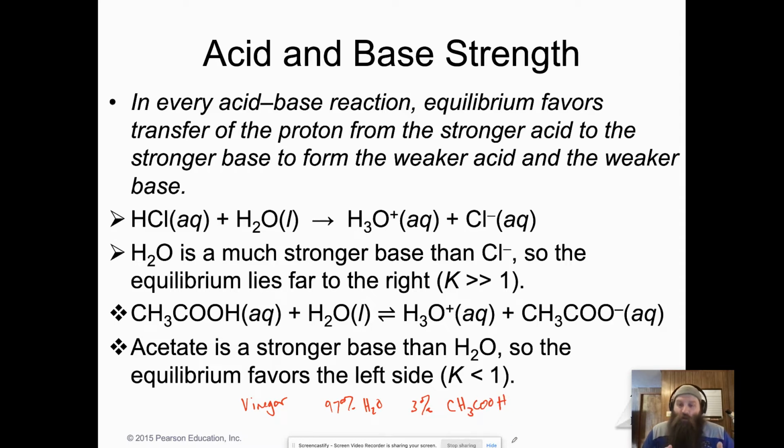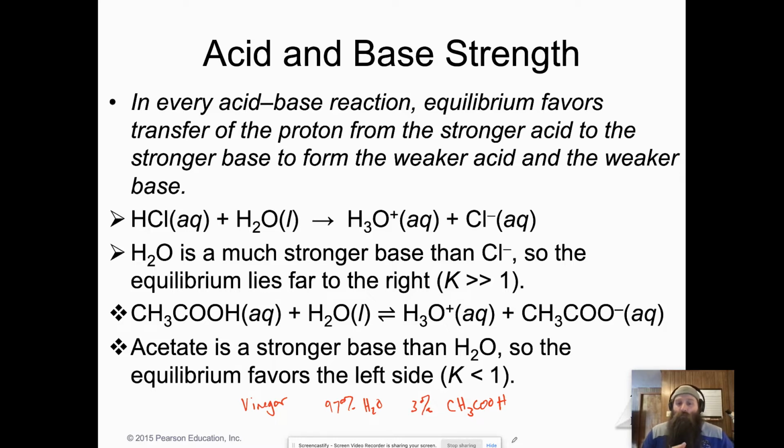Now, when I put acetic acid into water, I don't have to worry about it completely ionizing. It's not a strong acid in this case. And so it remains relatively to the left. I have acetic acid molecules, I have water molecules.